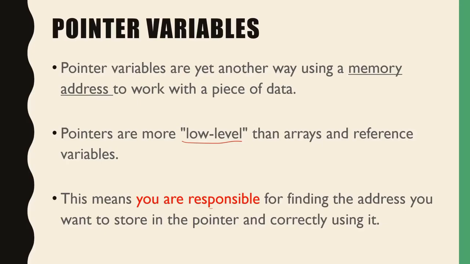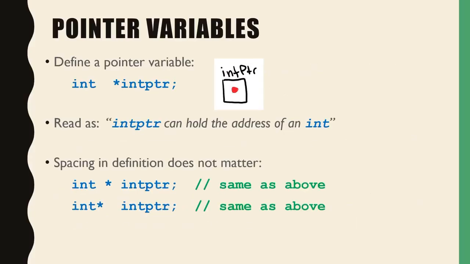So, how do we define a pointer? Defining a pointer, you have to put the star in front of the variable name. And then you also have to indicate the data type of the variable that you're going to be pointing to.